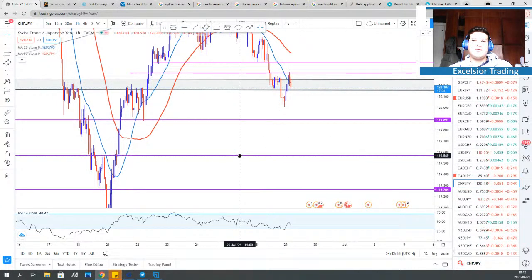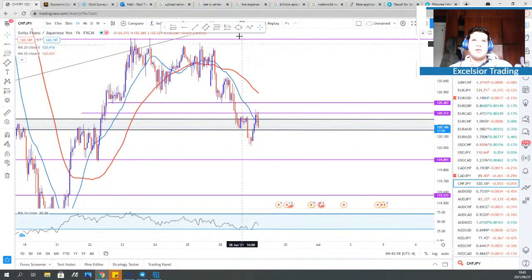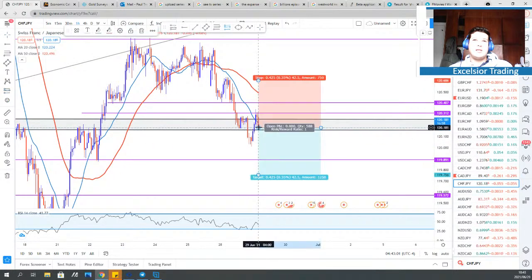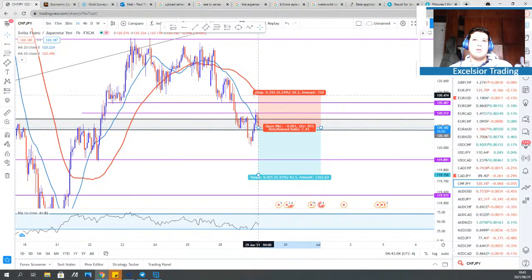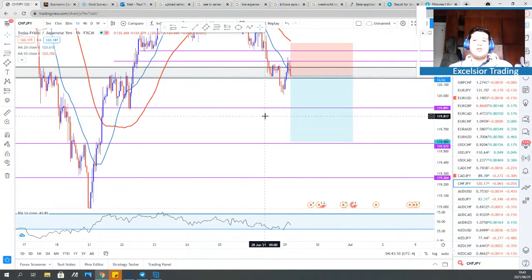This is the thing with these pairs. You have to be very careful. If I were to enter this now, right, it will look like this, and this is a 2.2. So will I enter this? I don't know.